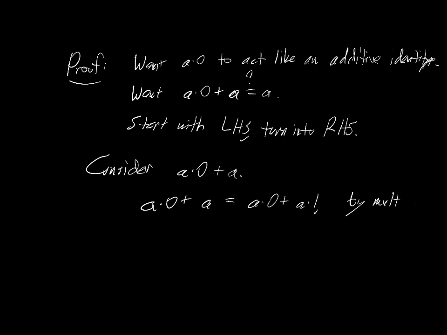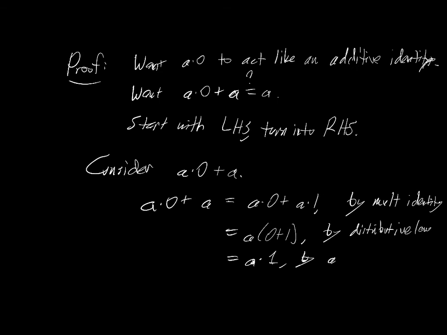So multiplicative identity axiom. And now we can use the distributive law. That's a times 0 plus 1 by the distributive law. Which equals a times 1, because 0 plus 1 equals 1, that's by the additive identity axiom.